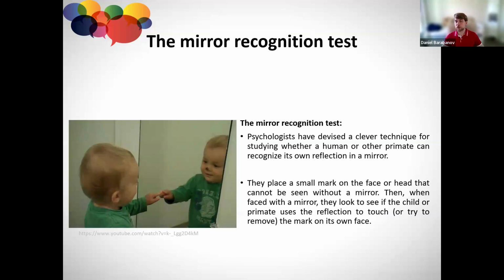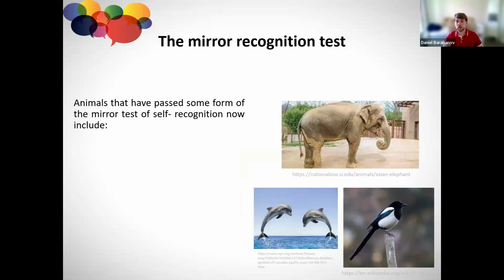If they try to remove it, it means that they recognize themselves in the mirror, and that means that they pass this mirror recognition test, which is a basic test for the most simple aspect of having self-concept. Of course, not only people can pass this test, which is interesting.